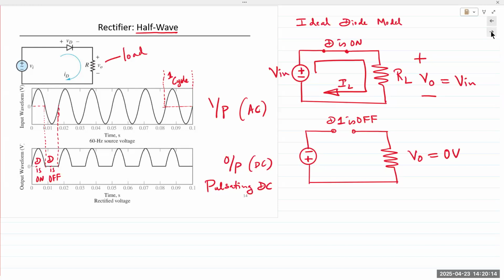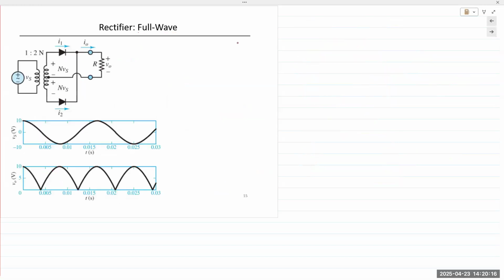So we go to the next circuit, which is the full wave rectifier. As the name suggests, it's going to rectify the full cycle, hence a full wave rectifier. I don't particularly like this diagram. This is from the textbook, so I have it here. I like this.